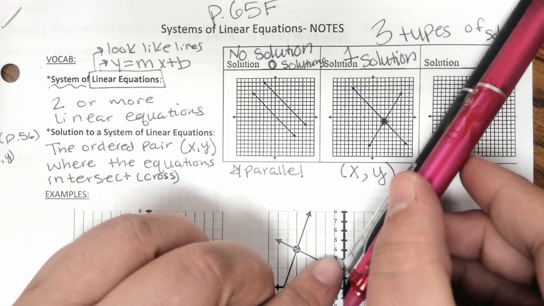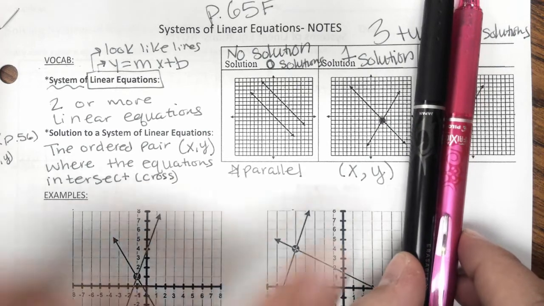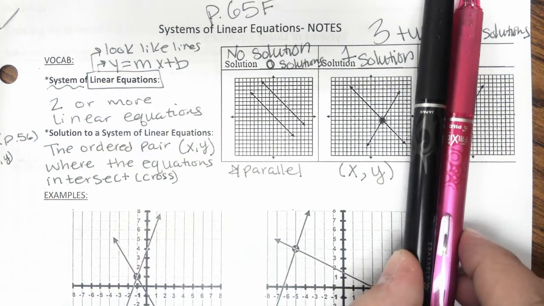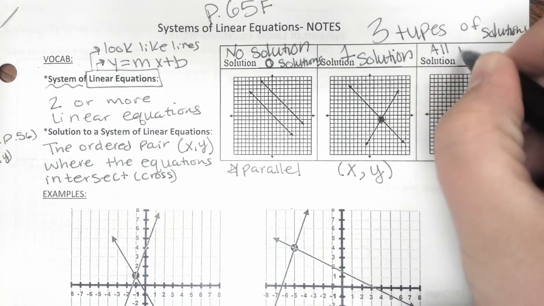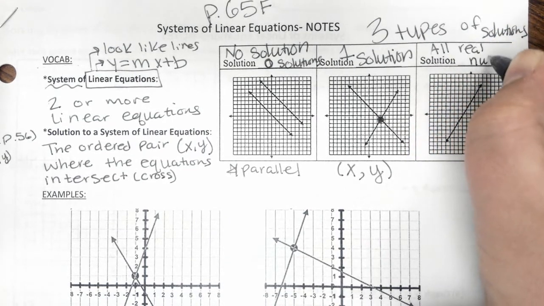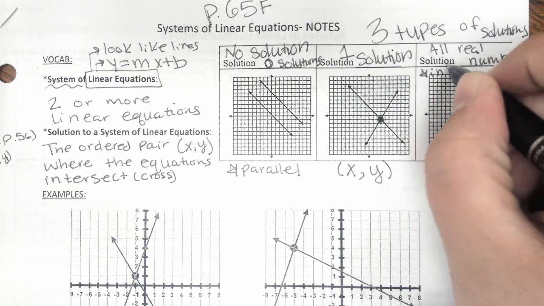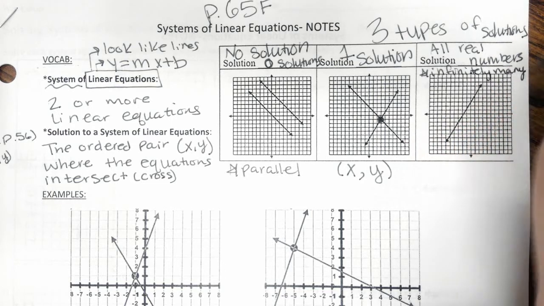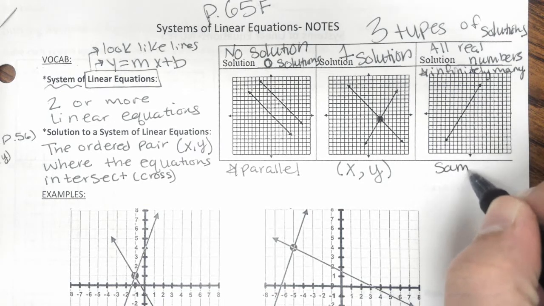When you have the two pens on top of each other like that, if we look at it sideways, they're crossing each other right here, right here, right here. They share this point, they share this point. They share all of the points. So they share all real numbers. That means that there are infinitely many solutions. And that's because it's the same line over and over and over. It's the same equation.